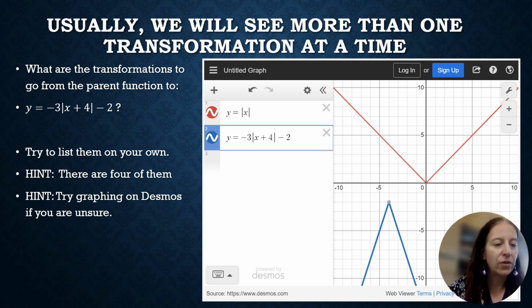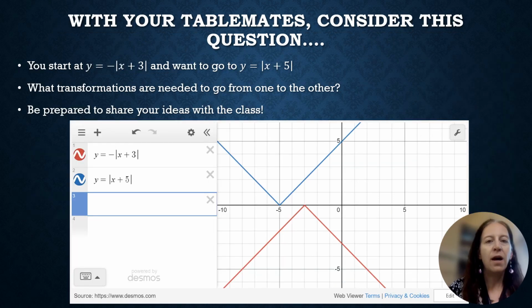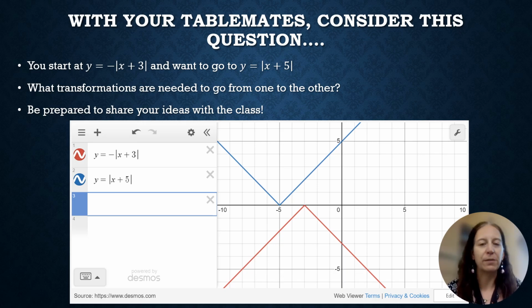Okay, turn off the laser pointer. We are almost done. So with your table mates, I guess if you're doing this at home with your table mates, I want you to consider this question. You start at y equals negative the absolute value of x plus 3, and you want to go to y equals the absolute value of x plus 5.